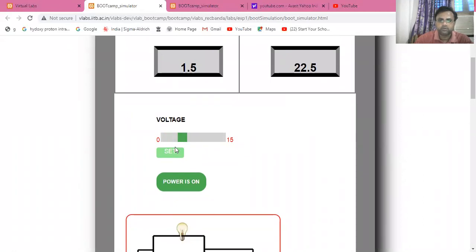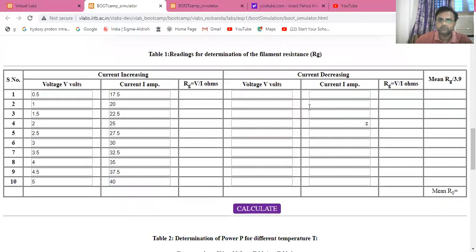Suppose we set the voltage here at 5 volt, the current is 40.